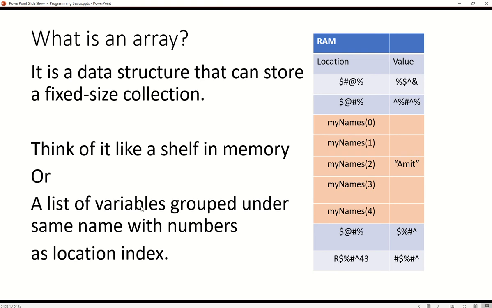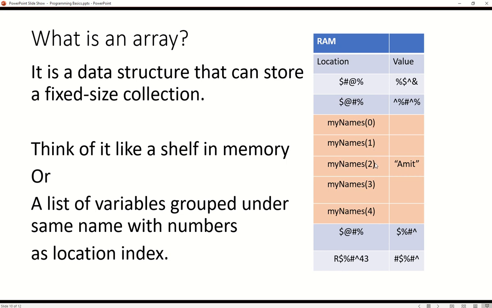Or think of it as a list of variables grouped together. This is the list of variables here, my names, 0, 1, 2, 3, 4, and they're all grouped together with numbers in brackets that denote their location. And we call these numbers the index. So this is index 0, this is index 1, this is index 2, and they're different locations.